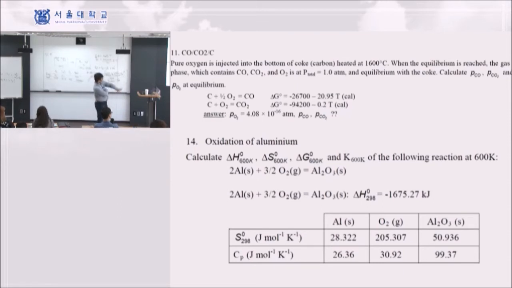And this is the equilibrium with the coke, which means the coke is still there, not consumed completely. There is still coke remaining at the bottom of the container. Then calculate the partial pressures of CO, CO2, and O2 at equilibrium state.